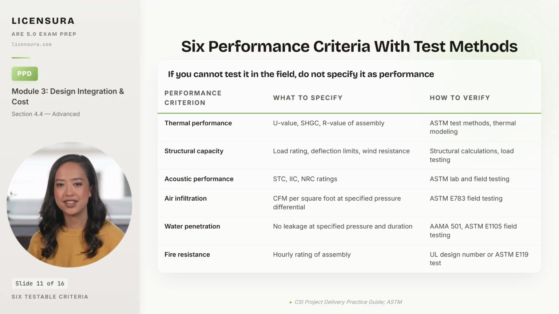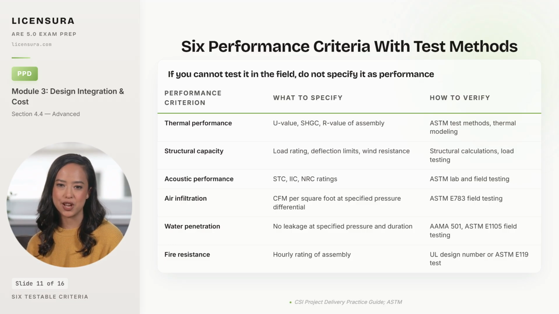Water penetration is specified as no leakage at a specified pressure and duration, verified by AAMA 501 or ASTM E1105 field testing on the installed envelope. And fire resistance is specified by hourly rating of the assembly, verified by UL design number or ASTM E119 test. 6 criteria, 6 test methods, no ambiguity.